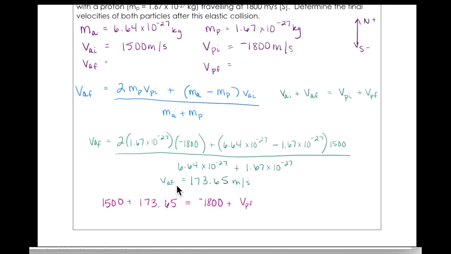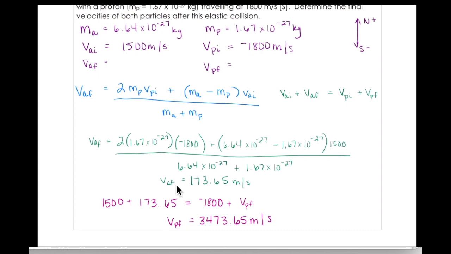When I solve for VPF, I get 3473.65 meters per second. You'll notice that it is a positive velocity, so it is now headed in the north direction.